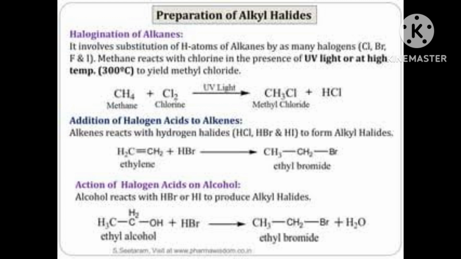This primary aromatic amine, dissolved in mineral acid, you are now treating with sodium nitrite, NaNO2, plus HX, because HX will provide X, and you have to maintain the temperature at 273 to 278 Kelvin.